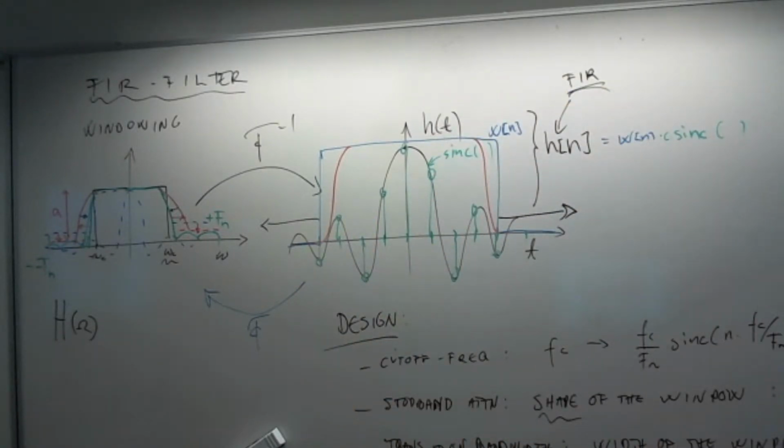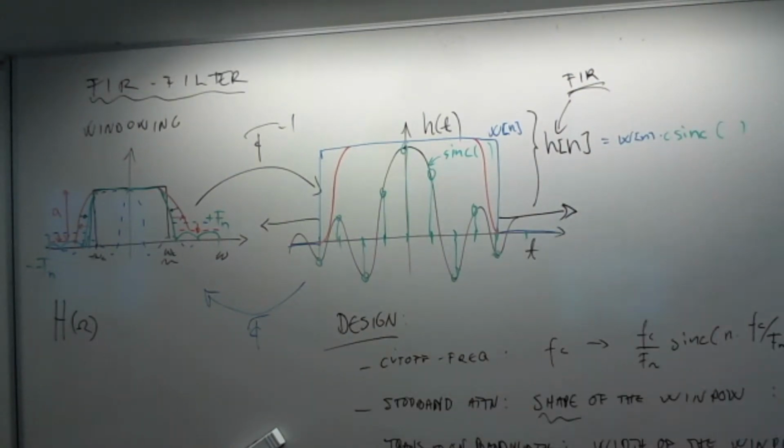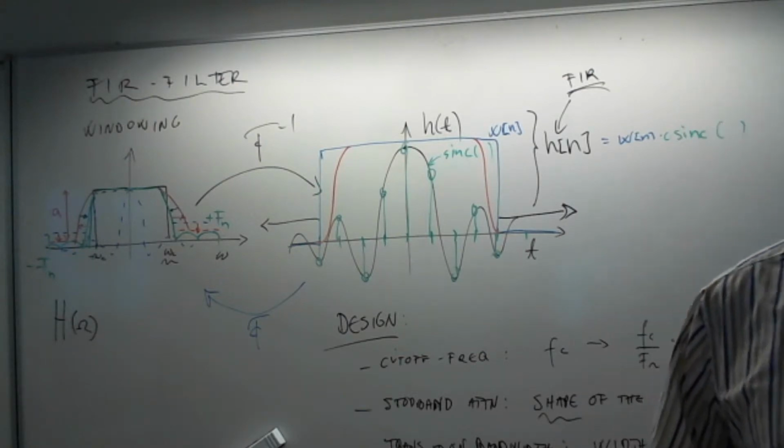I'm using a symmetric sinc here because I want a linear phase response. When you make this symmetric, then you have a linear phase response. Okay, so those are the design parameters.